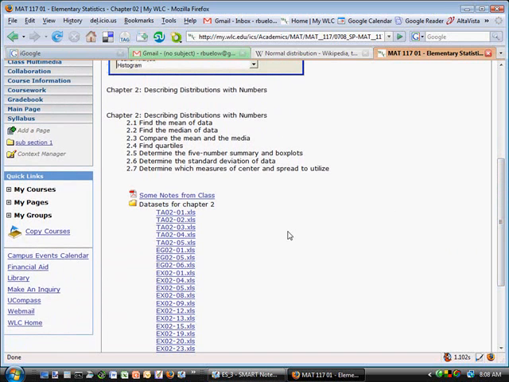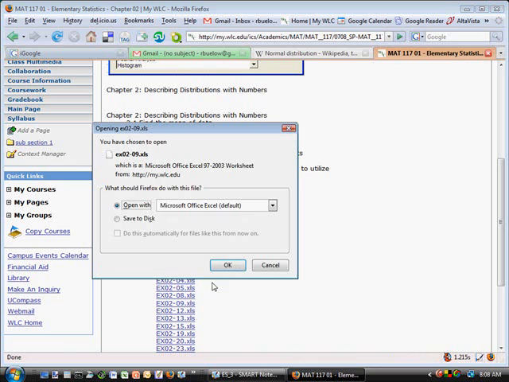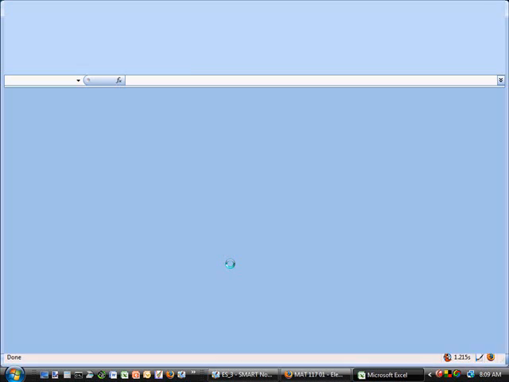I just couldn't get it to go at all. Exercise 2.9? I'll try that one. That's the one. Okay. That helps. So we're loading the data file here.